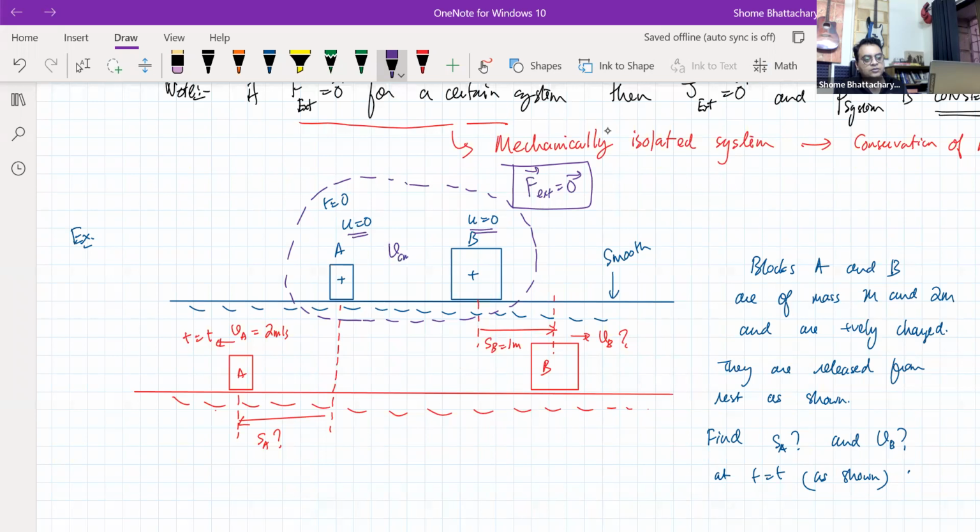The velocity of the center of mass is also 0. It's at rest. Because the net external force is 0 on the system, the center of mass should remain at rest. And the displacement of the center of mass should remain 0 because of momentum conservation.